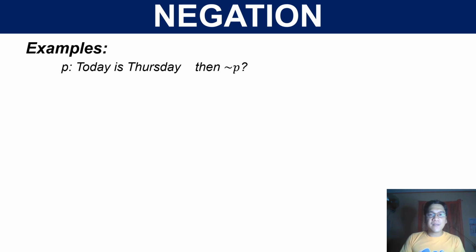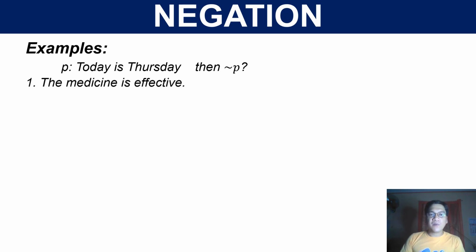So let's have some examples. Let's have P, or our hypothesis, as today is Thursday. So what is negate P or not P? So the negation of the statement today is Thursday would be, today is not Thursday.